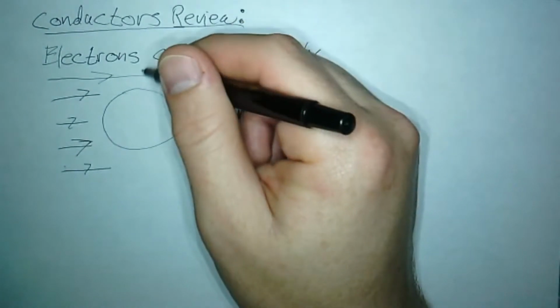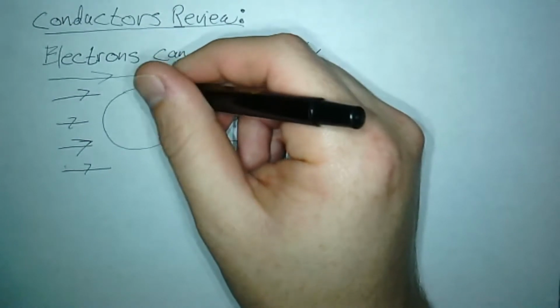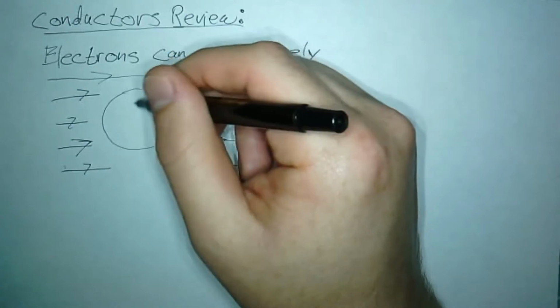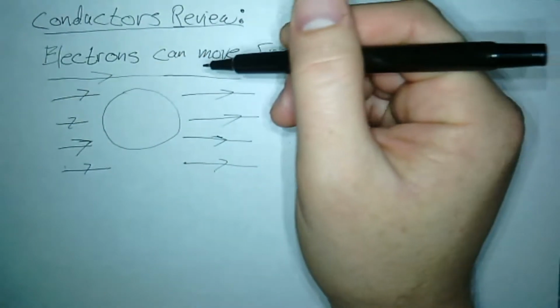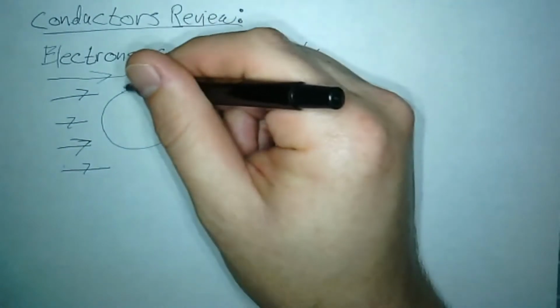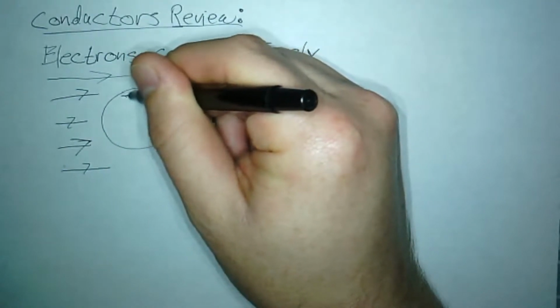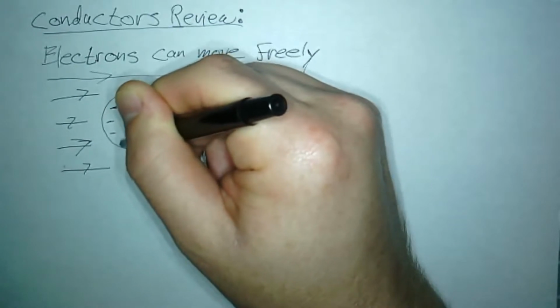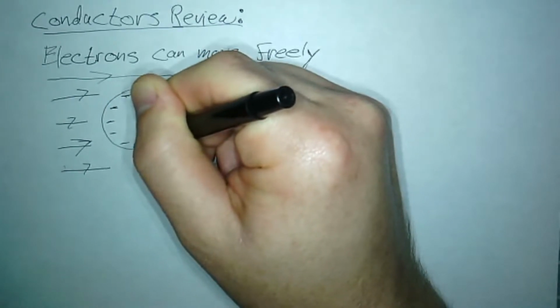So when we apply this external electric field, the electrons do move, and they're going to want to travel up the field, because electrons will travel up the field because they have a negative charge. So we get some electrons along this edge of the conductor.